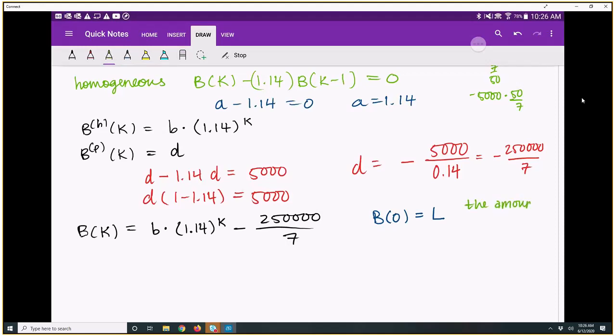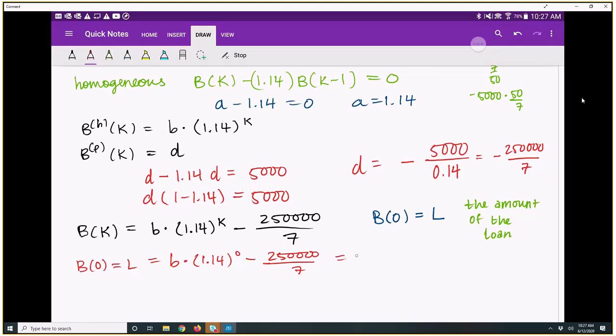And this is exactly what I'm trying to solve for. So b of 0 is equal to L, and b of 0 is little b times 1.14 to the power 0 minus 250,000 over 7.